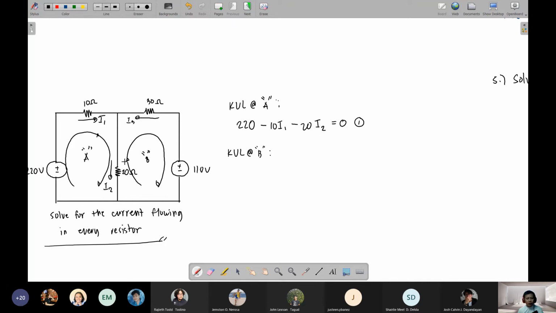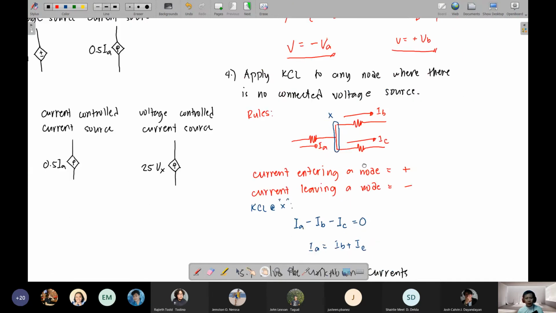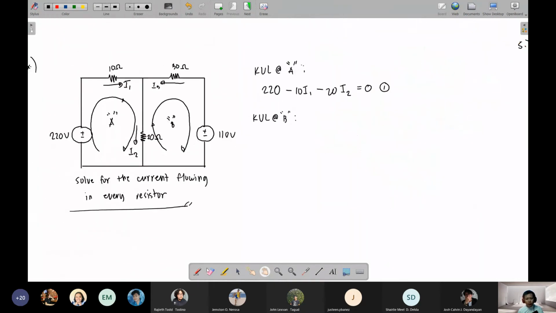Their directions are opposite. Recall the rules: when the directions are opposite, the voltage will be positive. So this will be positive 20 I2. I don't need to write the positive sign. So we're now finished with the 20 ohms.